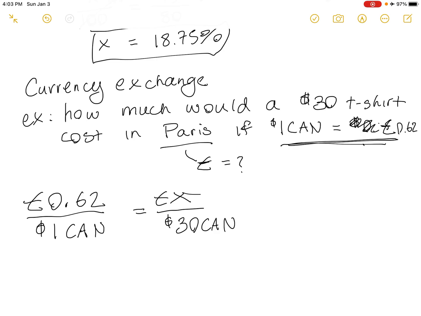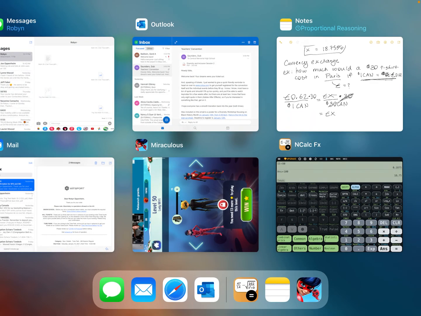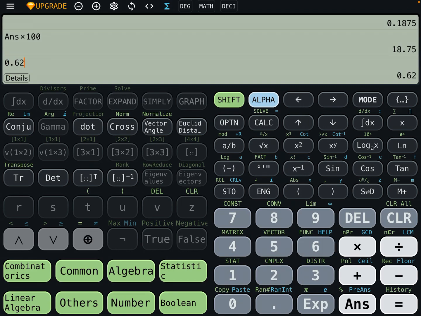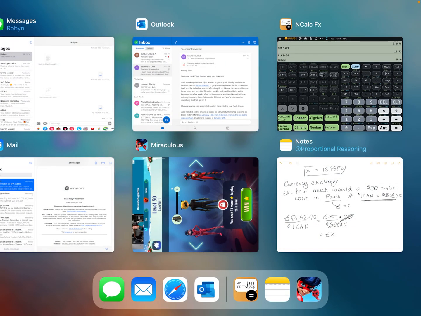I'm trying to solve for X. What am I doing to X? I'm dividing it by 30. So to solve, I need to multiply by 30 on both sides. Cancel. And I end up with X euros equals 0.62 times 30 divided by 1. Let's do that on my calculator. 0.62 times 30 equals 18.6, and then divided by 1 would just be 18.6.